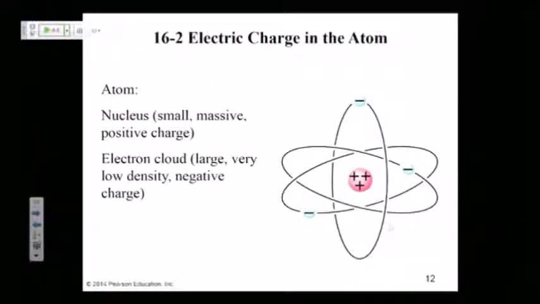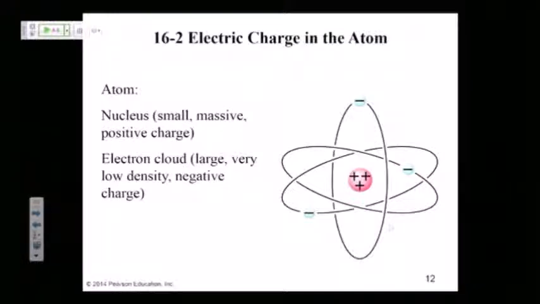If you dig deep inside matter to investigate the source of charge, the actual source of charge is the atom, and the atom has equal amounts of positive charge at the center, which we call the nucleus, and negative charges carried by electrons that are rotating around the nucleus. The positively charged particles inside the nucleus are called protons, while the negatively charged particles that are rotating here are called electrons.